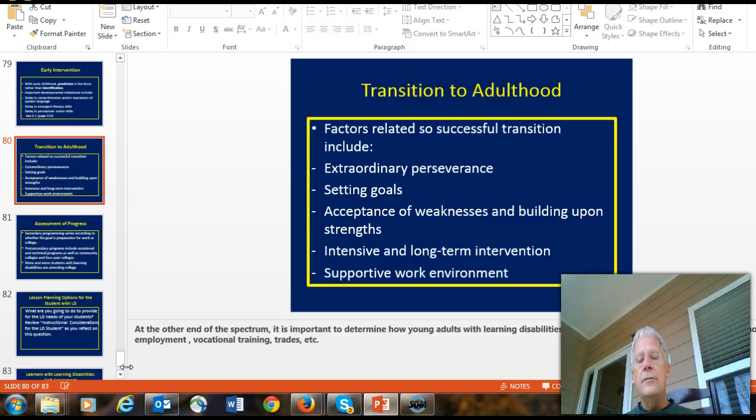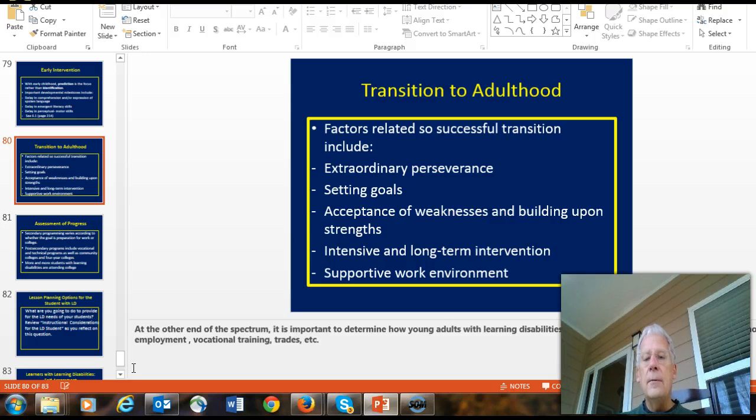The idea of recognizing when you're 16 and older that you have some weaknesses, but looking at some strategies for ways to build around those weaknesses. That's where those strategies and the educational considerations come to life.